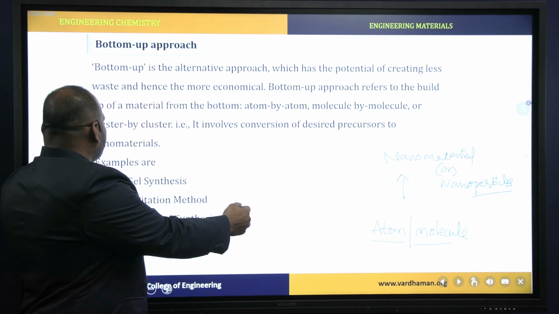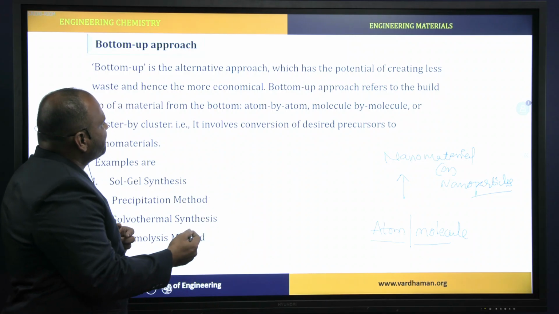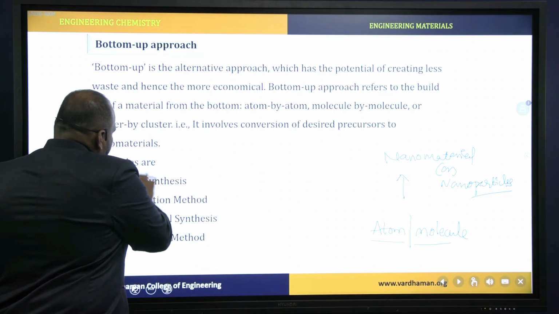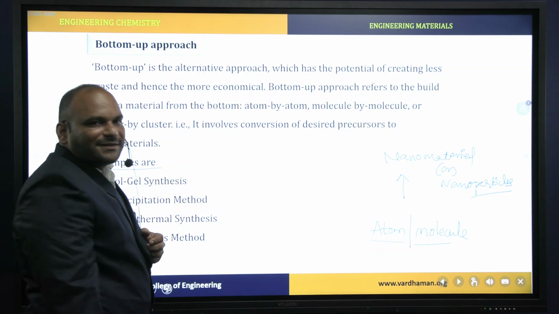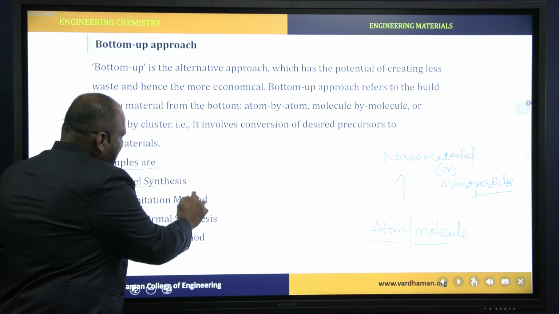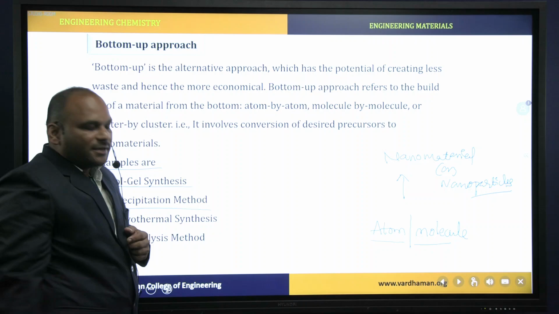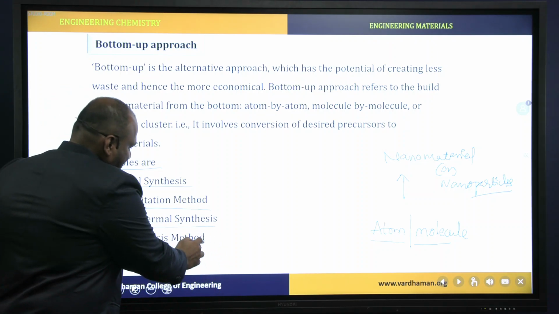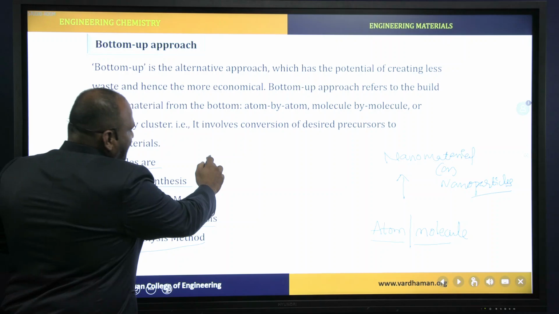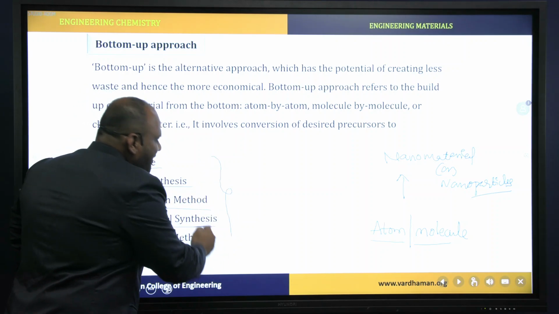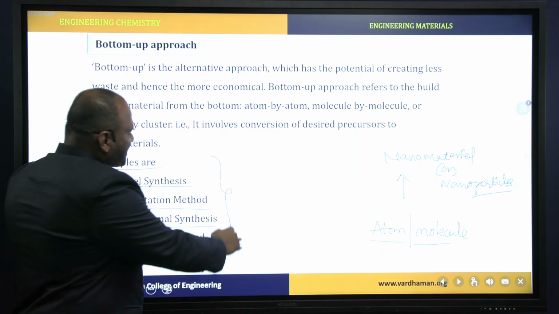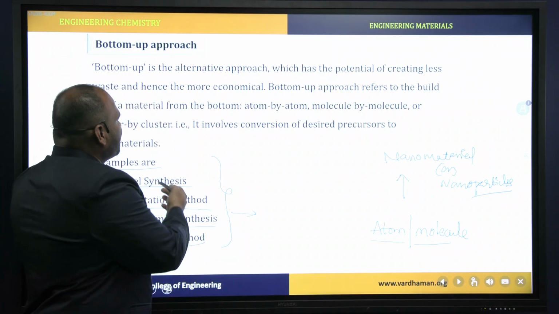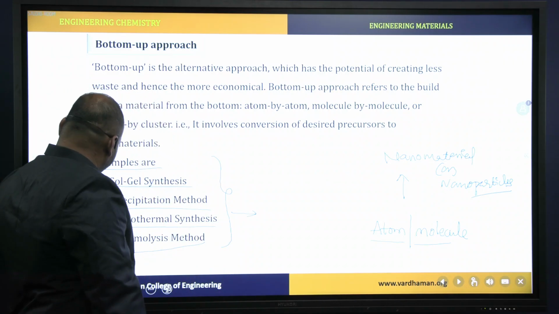This is the bottom-up approach. Examples for the bottom-up approach are sol-gel synthesis, precipitation method, solvothermal synthesis, thermolysis. These four techniques used to synthesize nanoparticles come under the bottom-up approach.